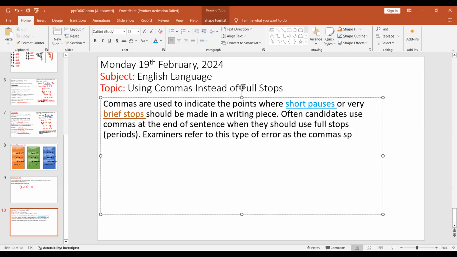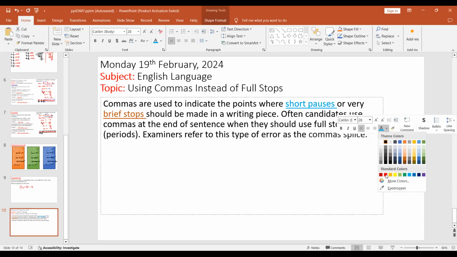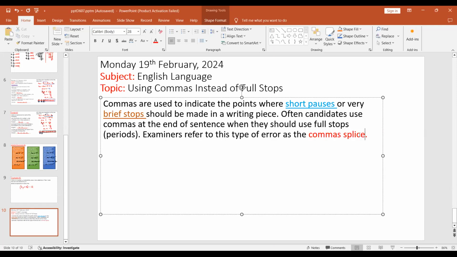So when you use a comma where a period should be, it's called a comma splice. Commas by themselves should not be used to join two independent clauses, right? There are certain times when you use a comma and you are actually supposed to use a period, and you end up having what we call a comma splice. So wherever a period should be and you end up putting a comma, that's called a comma splice.